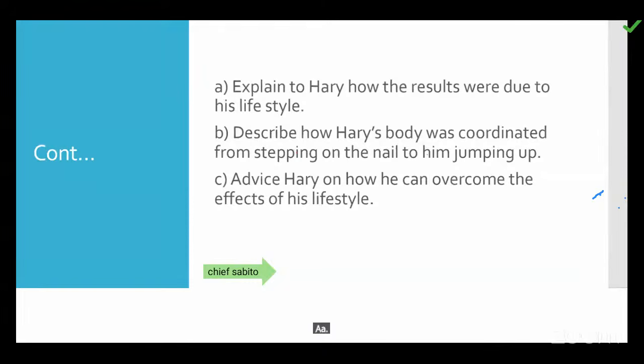The nerves from the skin, or the sensory nerves, from the brain to the muscles. The leg received the message from the brain and contracted strongly to make Harry jump away. So I think that's how his body coordinated.